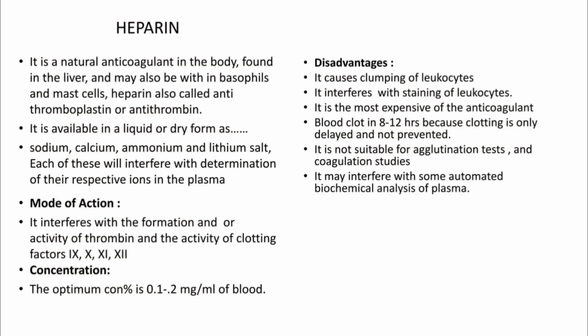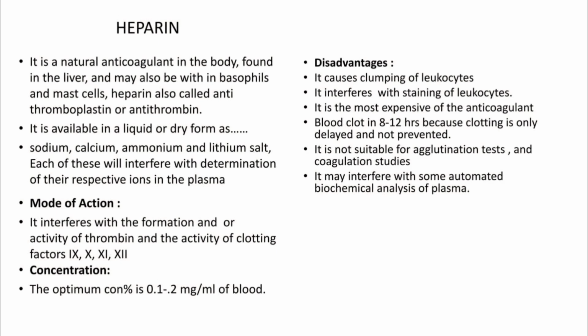Then heparin. It is a natural anticoagulant in our body, found in the liver and also in the basophils and mast cells. Heparin is also called antithromboplastin or antithrombin.